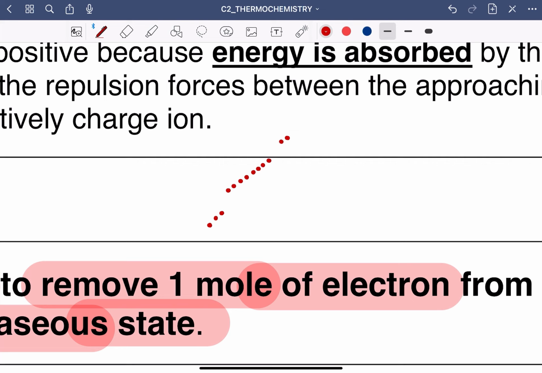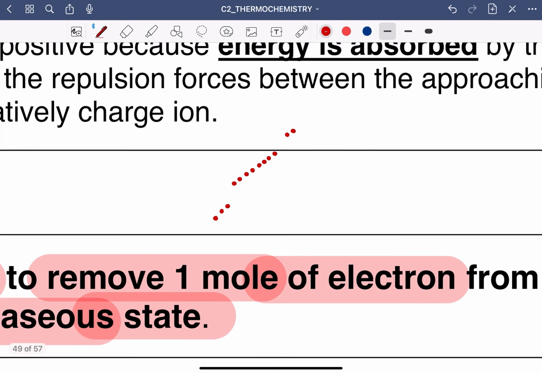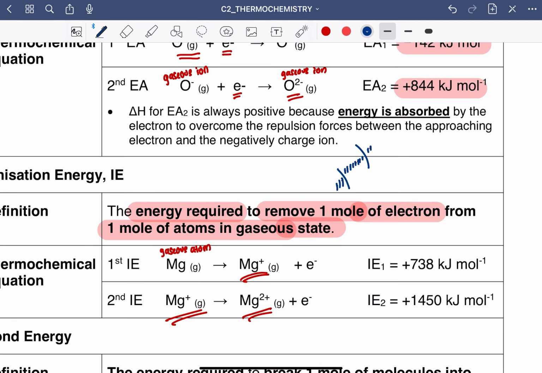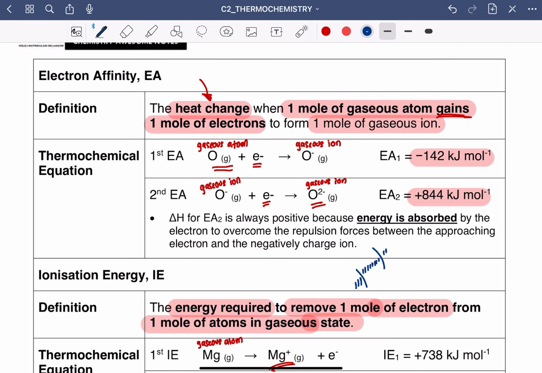So you remove this first electron, then second, third, fourth, fifth, up to 13. And then there's a high jump over here, which means it comes from another shell. That is the IE that you learned last time. So I really hope you can remember that.